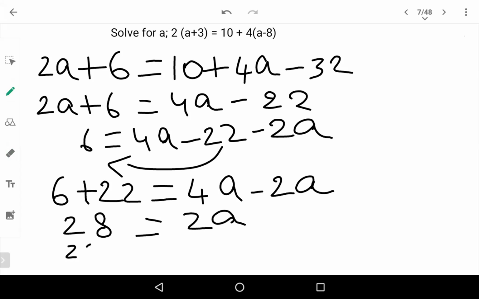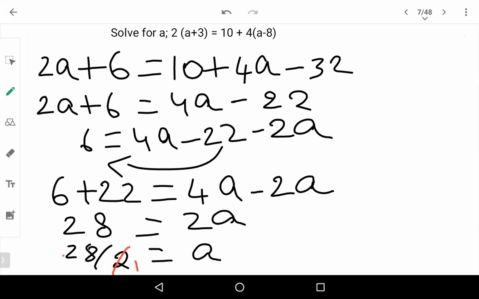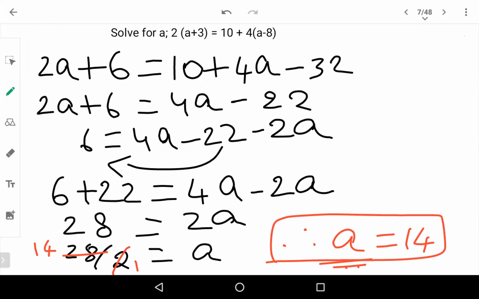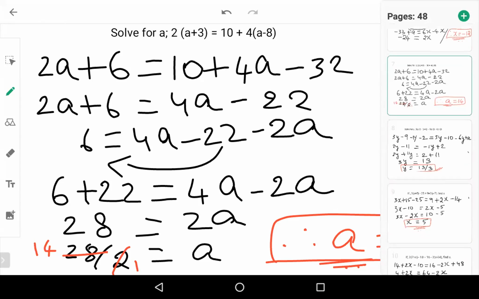So 28 by 2 is equal to a, and 2 ones are 2, 2 fours are 8. Therefore, a is equal to 14. Everybody got this answer? Understood until here?